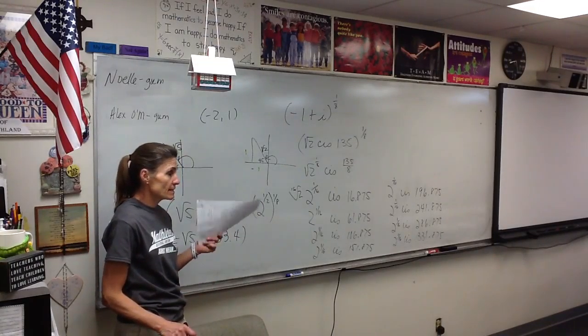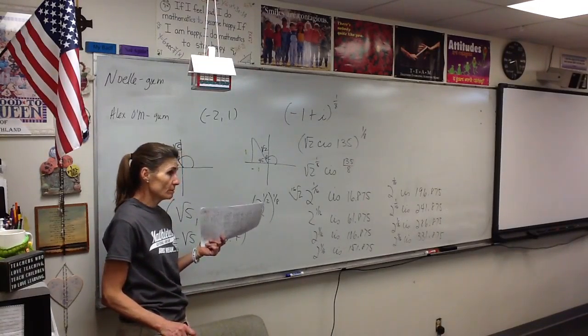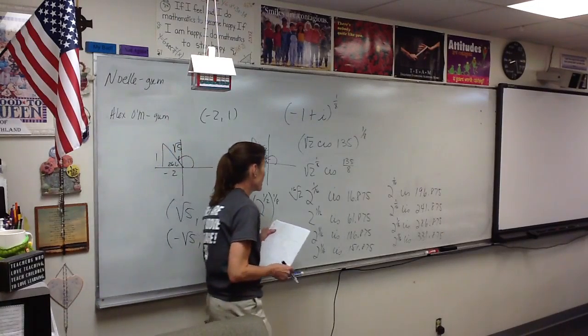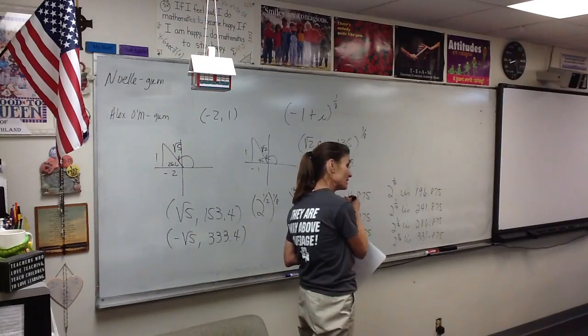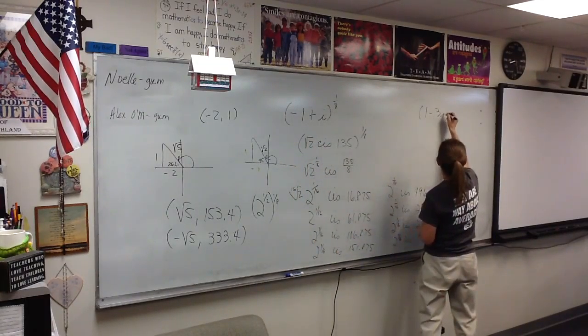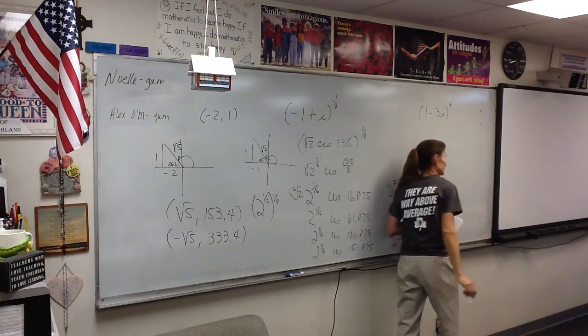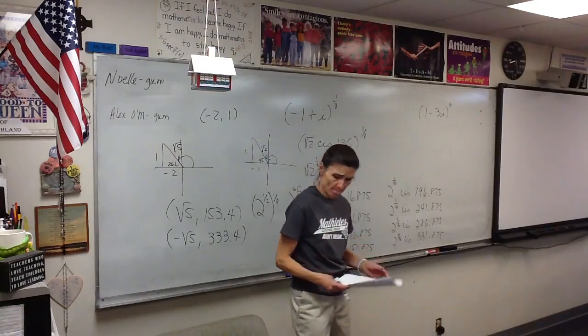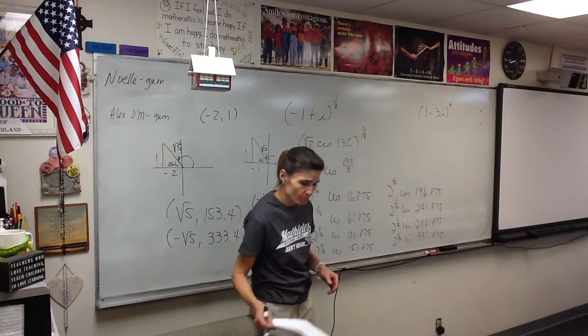Anybody else try something on the paper? Number 3. Okay, now it's exactly like this one, so what's your confusion? On the 4. It's raising a complex number to a power.